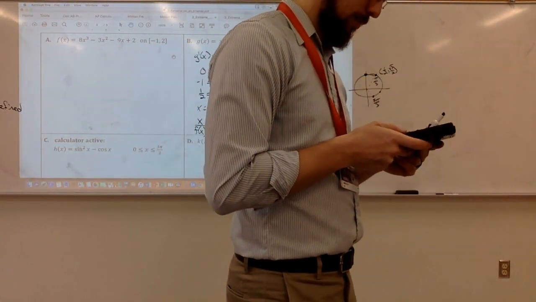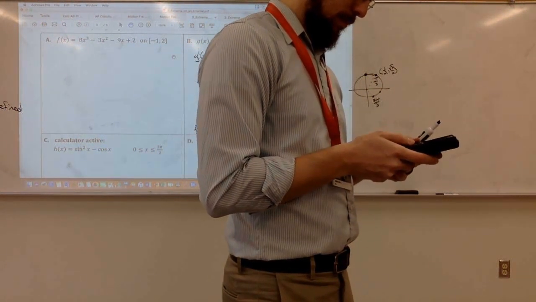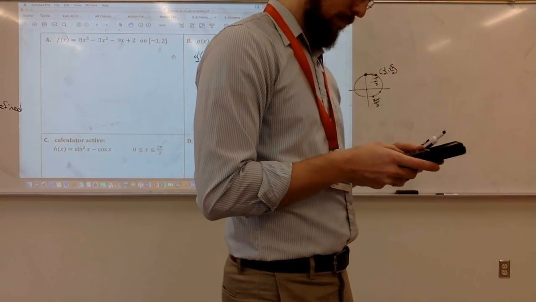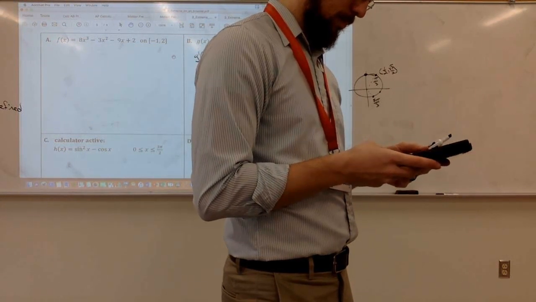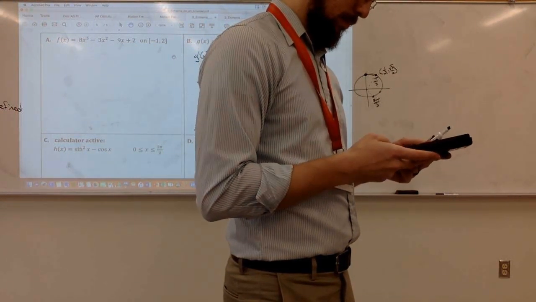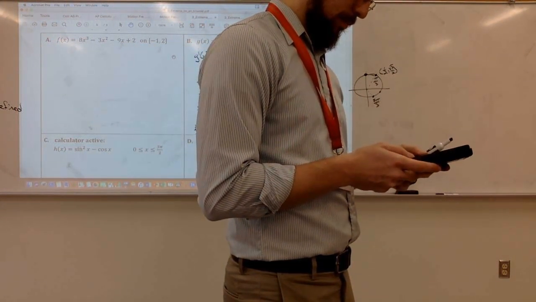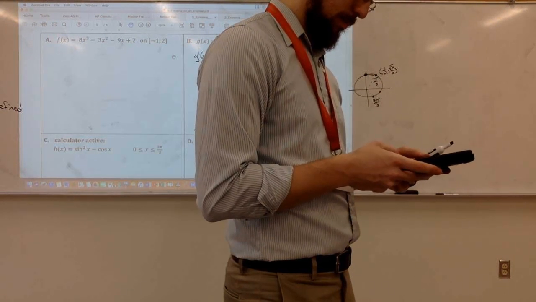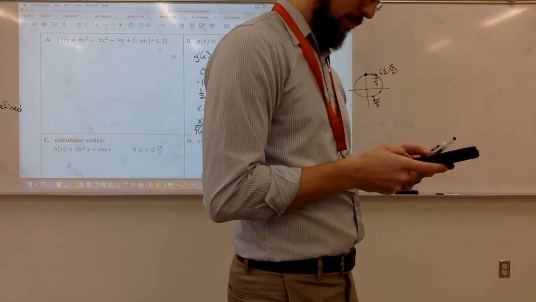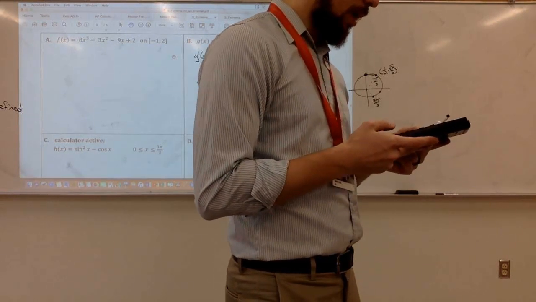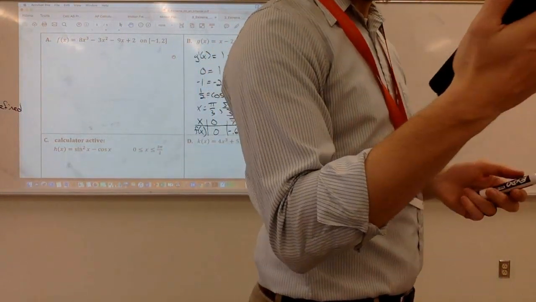The only one I got different was 5 pi over 3. I have 0 for 2 pi, and then I have the same value, just one negative and one positive. You have to put parentheses around it.